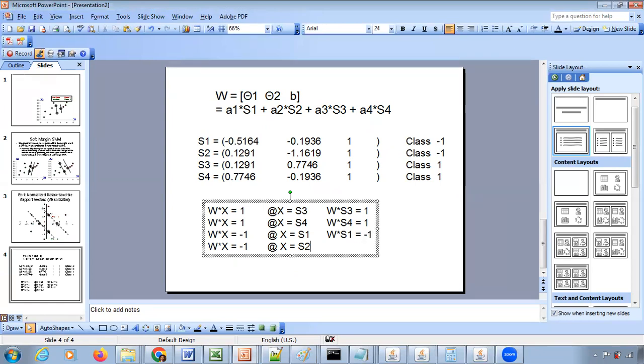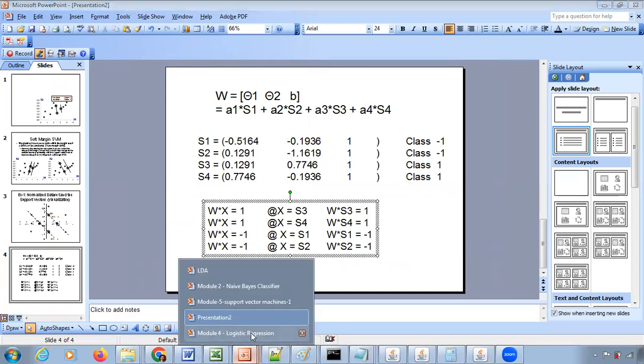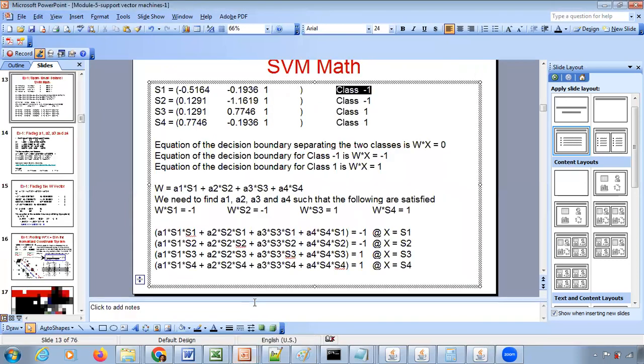All these four need to be satisfied. Now what is W? W is A1 S1 plus A2 S2 plus A3 S3 plus A4 S4. So if you substitute for W here, I'll just do the first one.